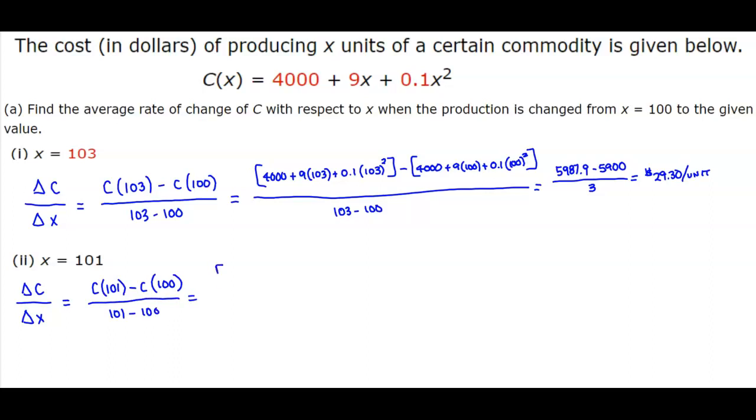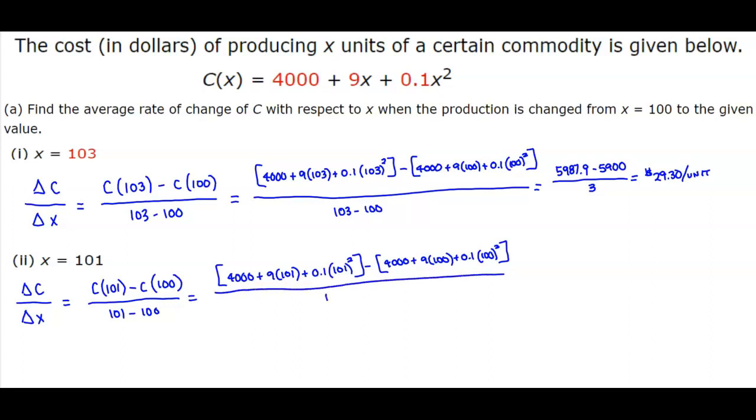So again, following the same procedure, we have 4,000 plus 9 times 101 plus 0.1 times 101 squared, minus 4,000 plus 9 times 100 plus 0.1 times 100 squared. And we're going to divide that by 101 minus 100.